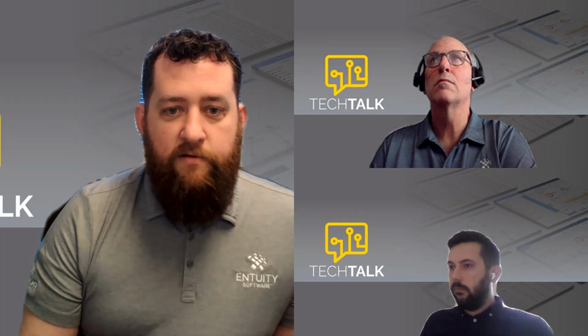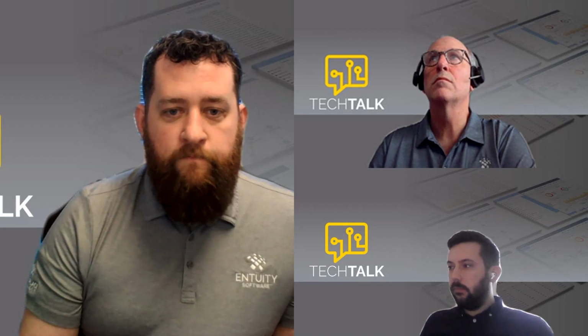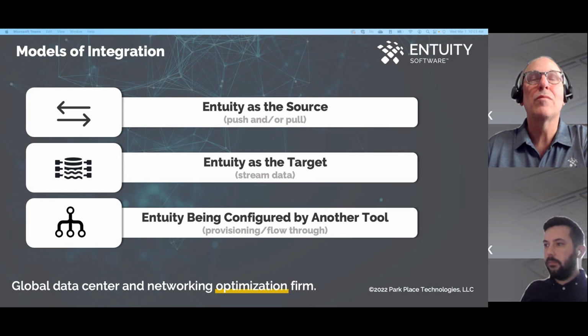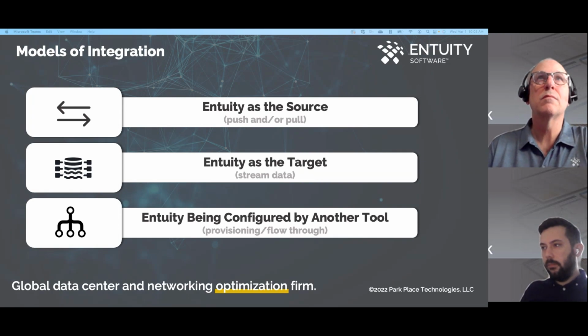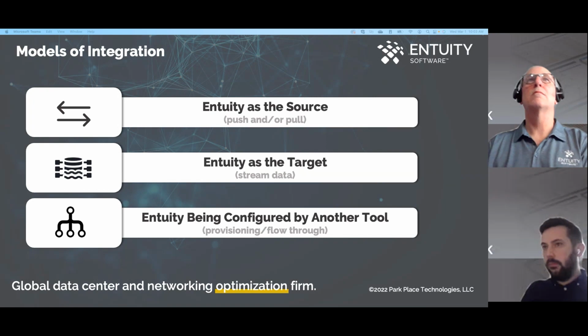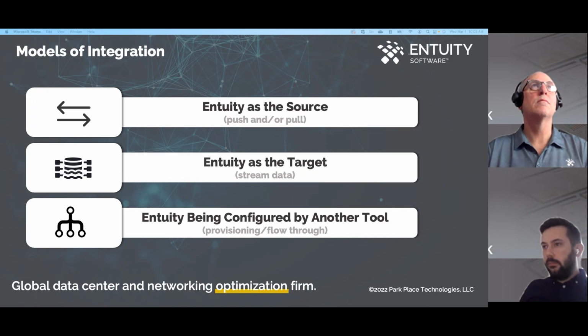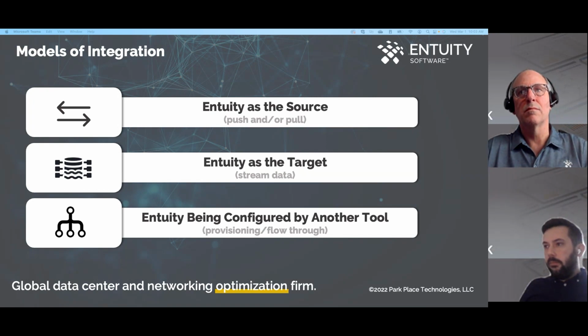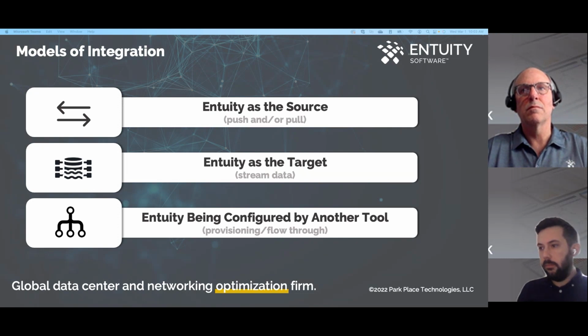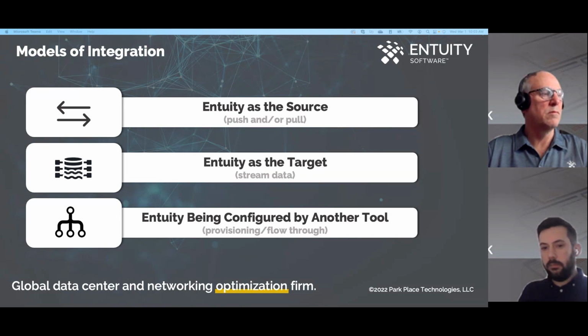I'm going to try to share a slide here. Let's see how that goes. So we've got three ways that we think about Entuity integration, right? There's the early obvious use case, Entuity as a source of data. And so that's Entuity pushing data out. So this is incident integrations, right?